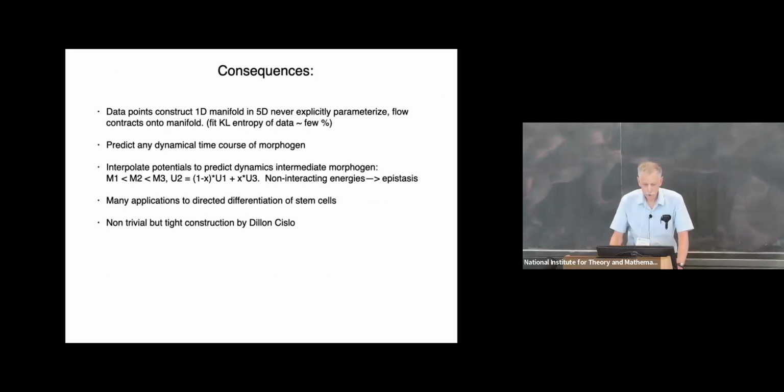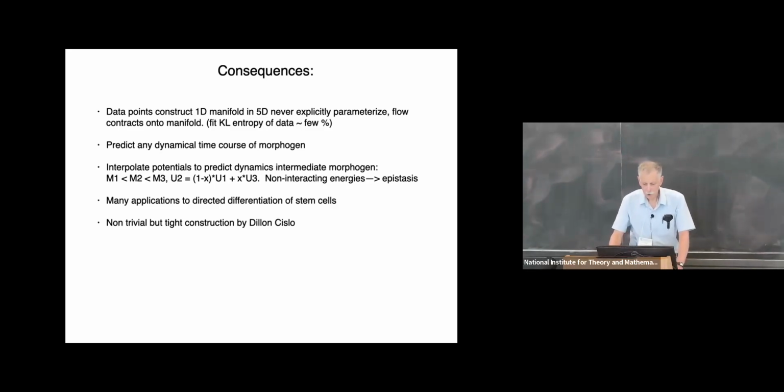And a consequence of this fitting, and again, this is all published, so you can look at the details, which I won't go into, is that the actual data points construct a one-dimensional manifold living in a five-dimensional space. The flow contracts onto the manifold as it's also sliding down the manifold.